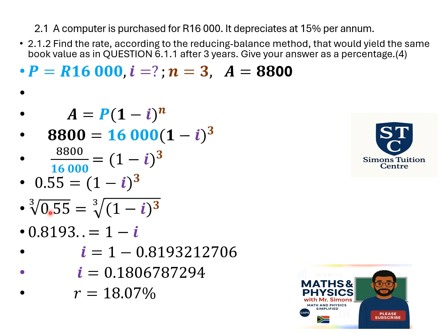So the third root of 0.55 becomes 0.8193 equals 1 minus i. The third root and 3 over 3 becomes 1. Anything to the power 1 stays the same. Take the negative i across, it becomes positive. 1, bring that across, negative. You see I haven't rounded off, and if I subtract, I get 0.18067879294. If I multiply this by 100, it gives me 18.07%. And that is my interest rate.